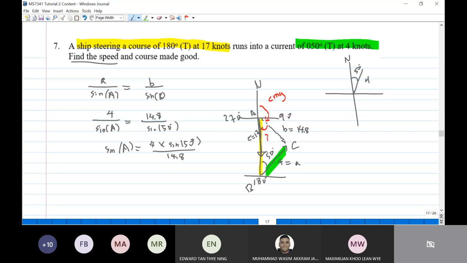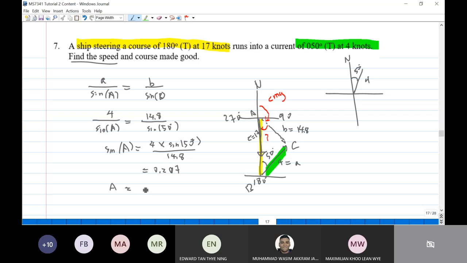So let's try to figure it out here. This 4 times sine 50 over 14.8 gives 0.207. Then you can find what A is now, using inverse, right?